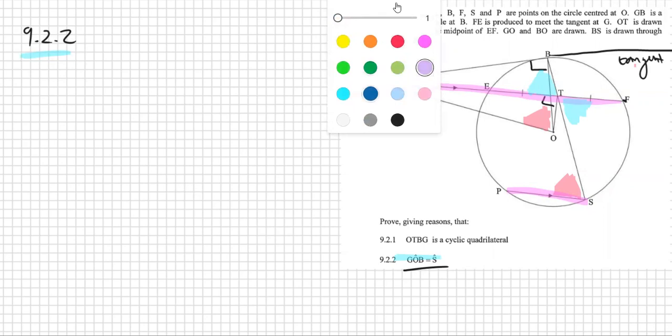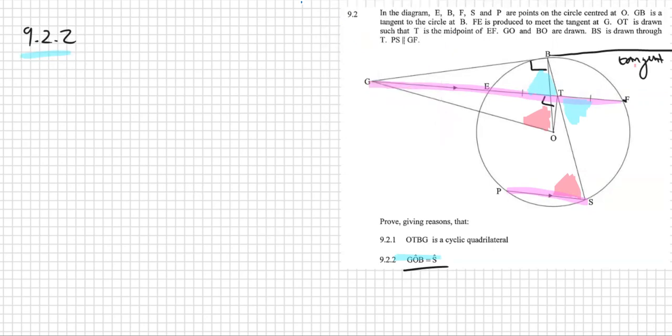All right, let's see. So I wonder if the line GB subtends to there, and it also subtends to there. So those are equal. So we've cracked it. Now we need to just follow our proof down on paper.